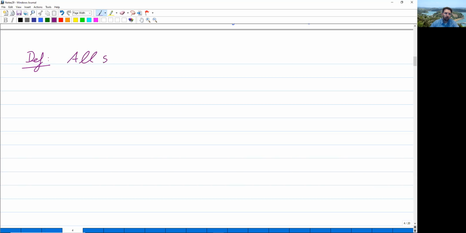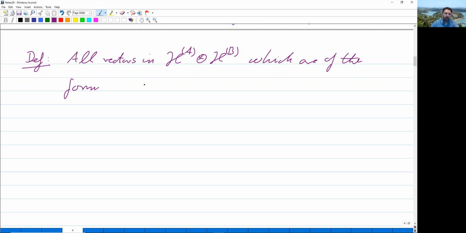All states, or all vectors, we should say, in HA tensor HB, which are of the form psi tensor phi, are called unentangled.